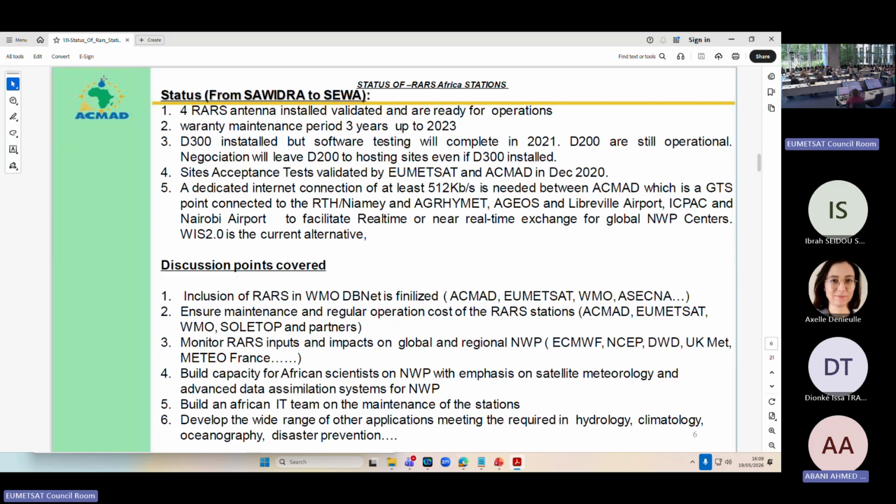So we went through some discussions, basically to be able to inject the RARS station data into the DBNet, the WMO network, and also to ensure that the RARS station will improve significantly the quality of numerical weather prediction in Africa. Also, we went through some discussions about the training issues and the sustainability at the end. Next slide, please.